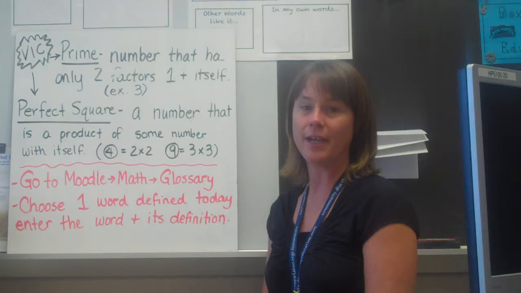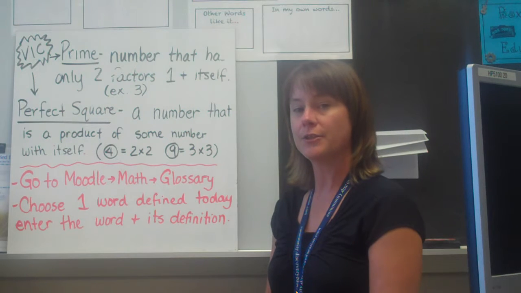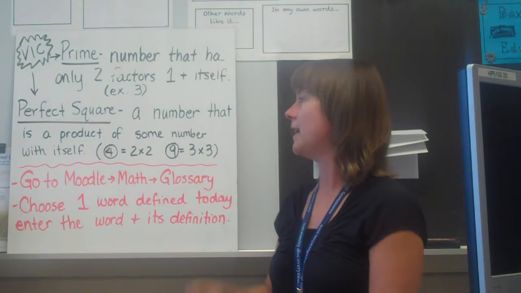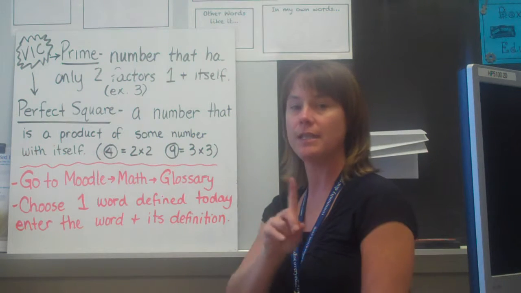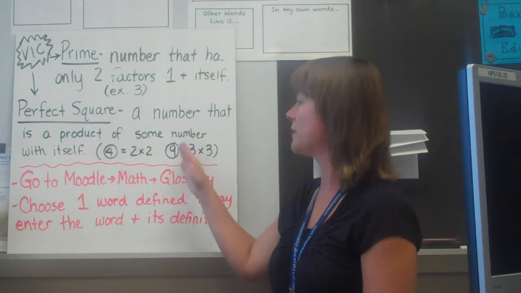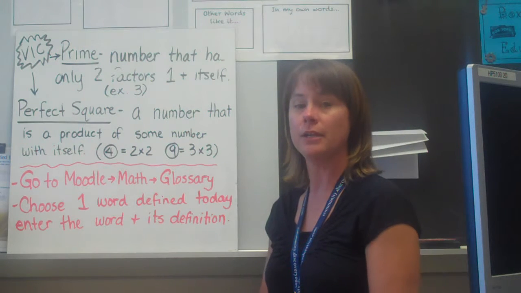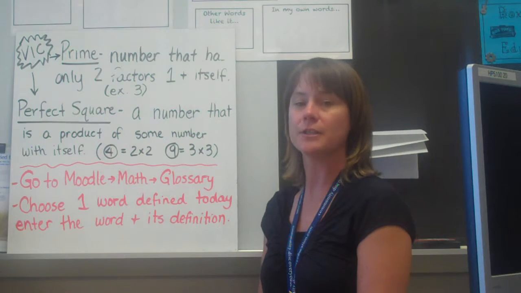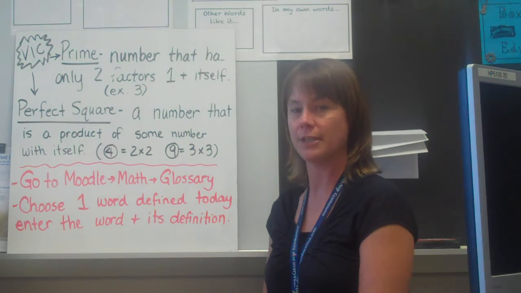But that's your assignment after this movie. Make sure you've got your notes. Go to Moodle, check the glossary, and choose only one word. You only need to enter one word with its definition. You can use my definition, or you can look online for other definitions that make sense to you. Just make sure that it's an accurate definition.